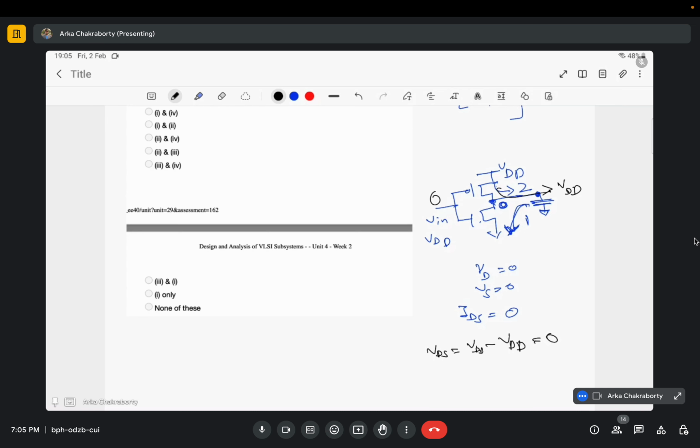I just gave you a brief overview of what is happening, but you can study it in detail and check the equations. Because your VDS becomes 0, your current should become 0. They are in the linear region, not in saturation region, so it will be independent of VDD. So you can think on it.